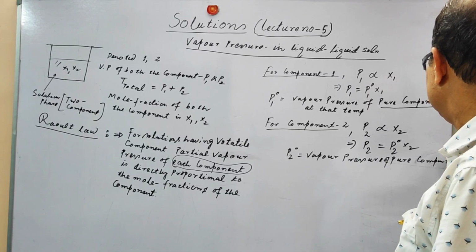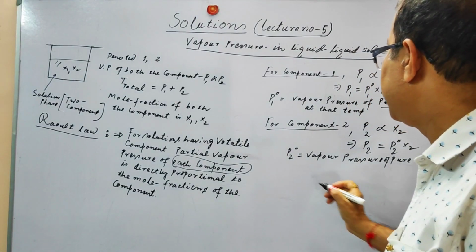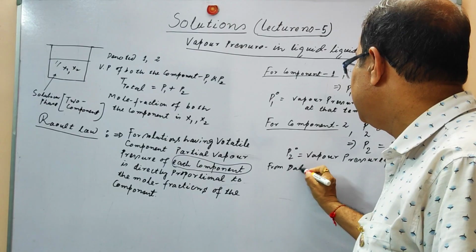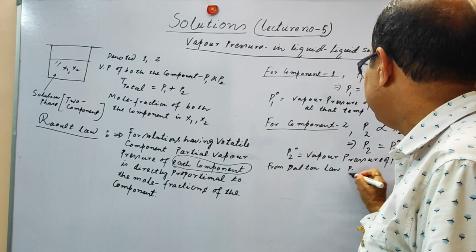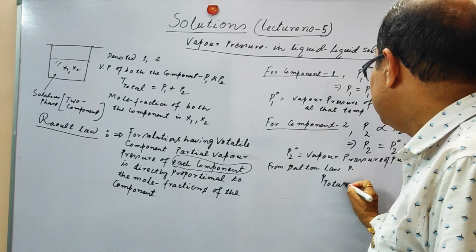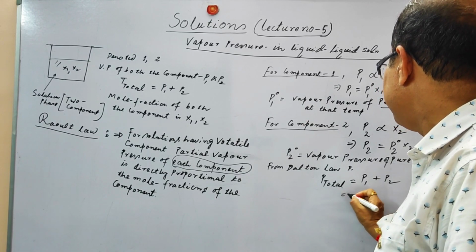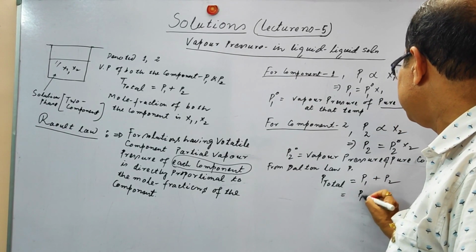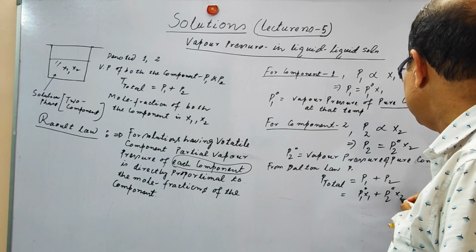From Dalton's law of partial pressure, we can write P total is equal to P1 plus P2. Now we put in the values: P1° into x1 plus P2° into x2.